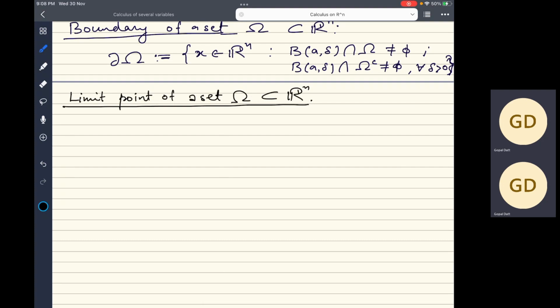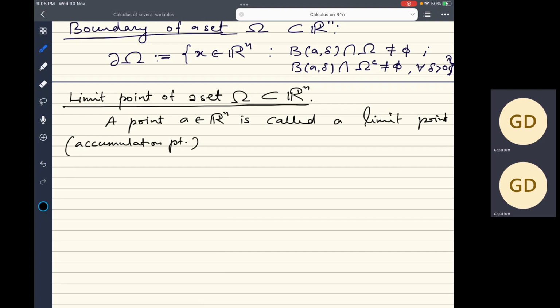A point A in Rn is called a limit point or an accumulation point of omega if every open ball around this point A contains at least one point of omega different from it.